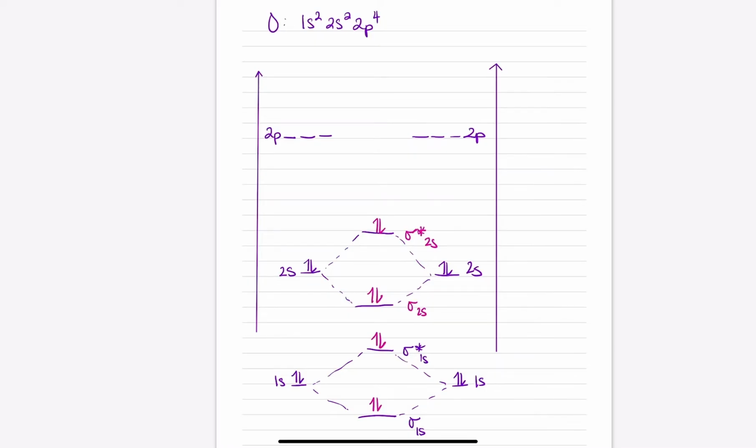So what I'm going to fill first for oxygen is my sigma bonding. Sigma from my 2p, sigmas always have one orbital. Then I also have my pi bonding 2p.